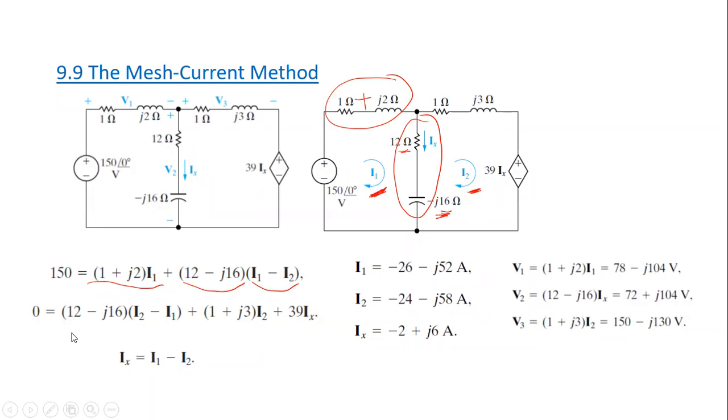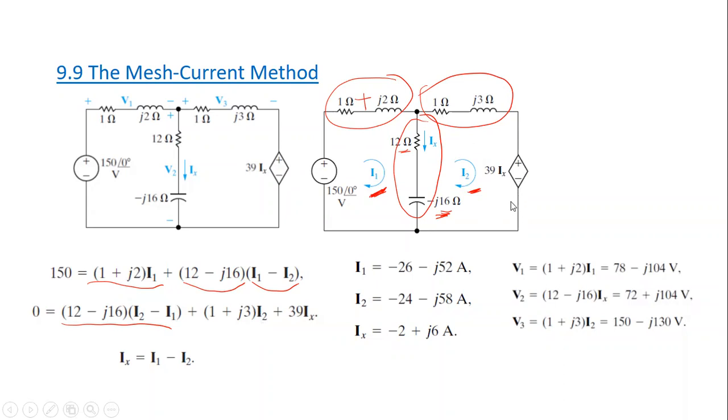And plus, now I want to calculate the voltage drop across this branch. Here we have only one current, I2, flowing. So it will be 1 plus j3 ohm times the current I2.